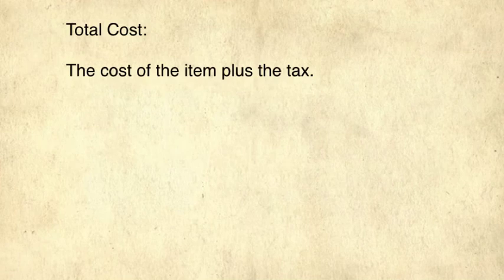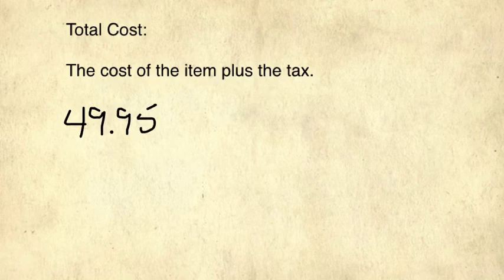The last thing we're going to talk about in this lesson is total cost. And that involves going to the store, purchasing an item, paying the tax, and finding out what is the total amount that you have to pay to take that item home with you. So our example is about a pair of jeans, and the jeans cost $49.95.